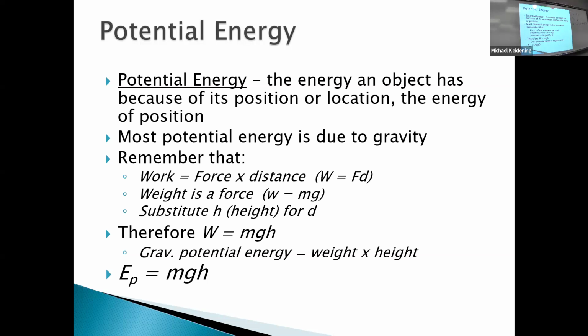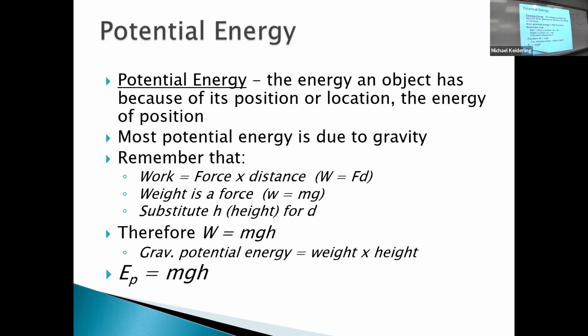I'm not going to drop this weight because it'll damage the table. But the primary form of potential energy we're going to deal with is potential energy due to gravity. Since work is force times distance and weight, mg is a force, if we substitute in height for distance, we get that potential energy is mgh.